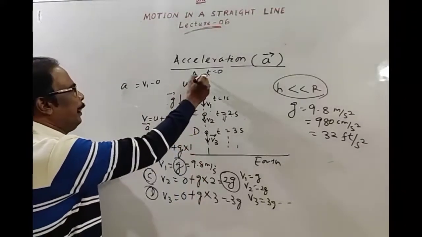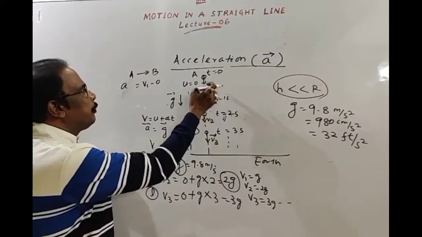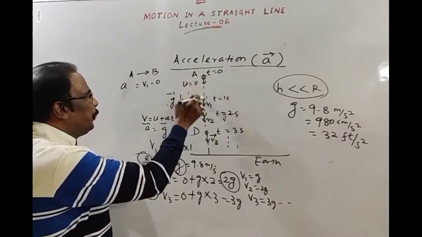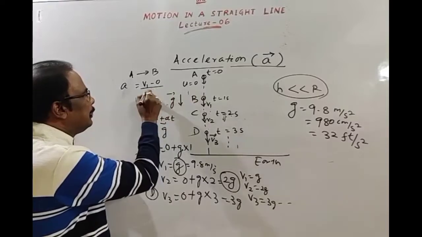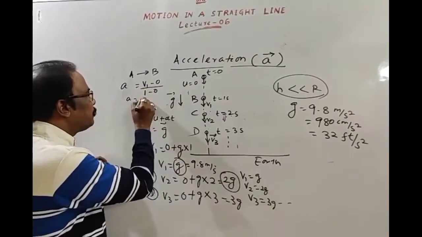From A to B, the change in velocity is v1 minus u, where u is 0, divided by the change in time, 1 minus 0. So acceleration is v1, which is g.